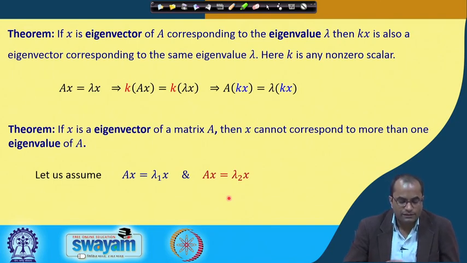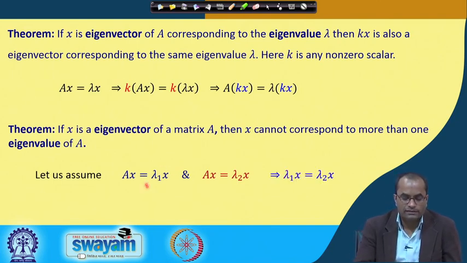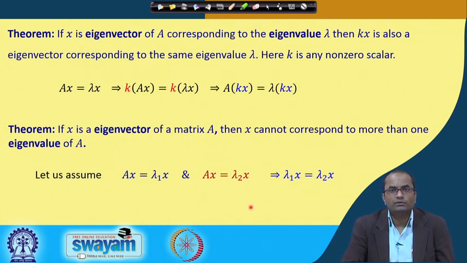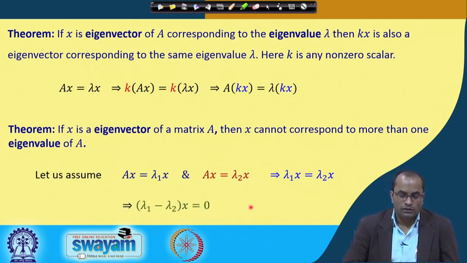Having this relation, we have lambda 1 x is equal to lambda 2 x, because they have the same value Ax. So, lambda 1 x is equal to lambda 2 x, which tells us that lambda 1 minus lambda 2 times x is equal to 0. And this x is an eigenvector, so it cannot be 0.